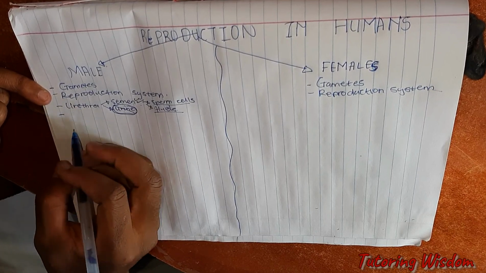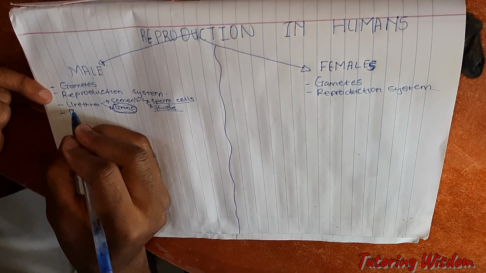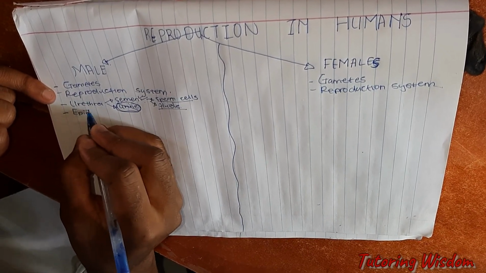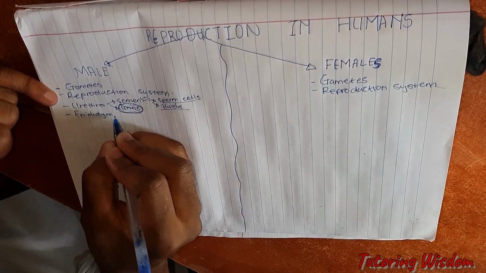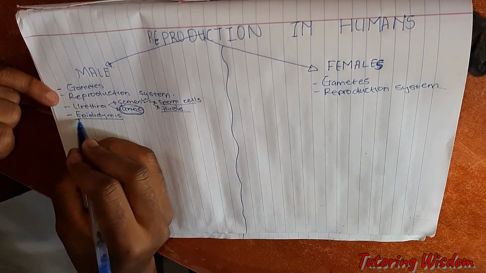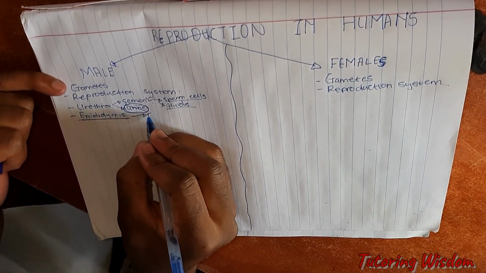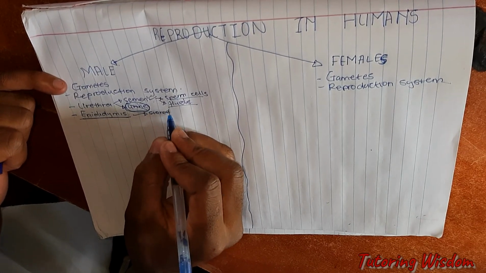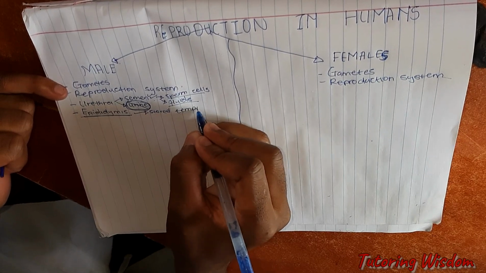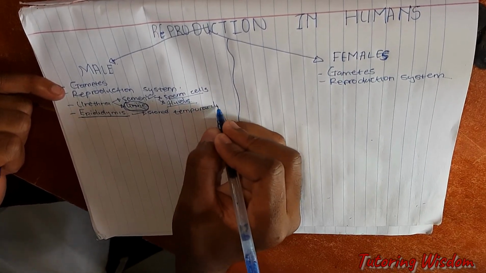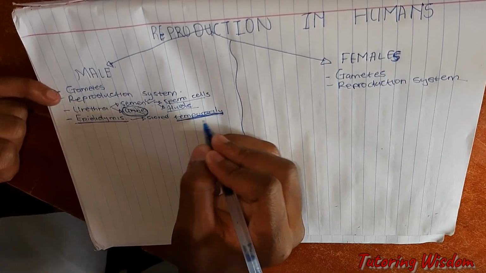The next part we are going to be looking at is the epididymis. The epididymis is a part where sperm cells are stored temporarily, right? It is important to remember that they are only stored in the epididymis temporarily.